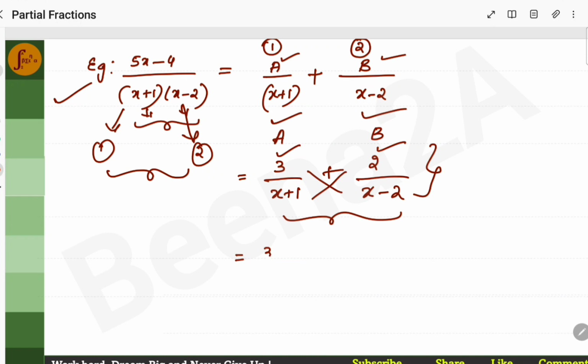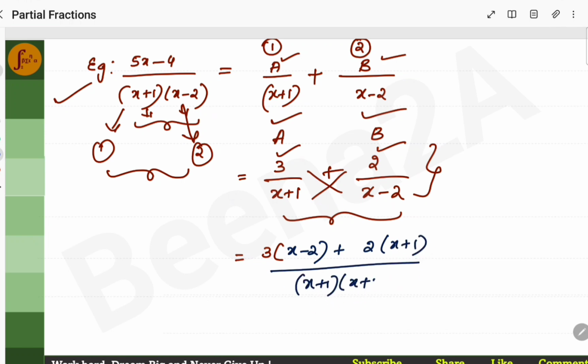Actually, if I cross multiply this, I'll get 3 into x minus 2 plus 2 into x plus 1 by both the denominators. I'm cross multiplying. I'm multiplying 3 with this expression and 2 with this expression: 2 into x plus 1 and 3 into x minus 2. And then I put both the denominators here. So what will happen?